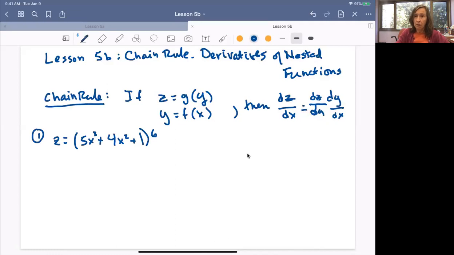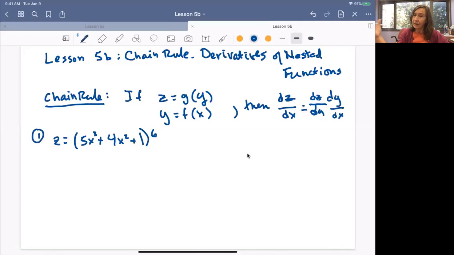How much do I want to multiply out 6 factors of that and then take that derivative, or try to apply the product rule involving factors of 6? Not very much at all. I would really like to avoid doing that.